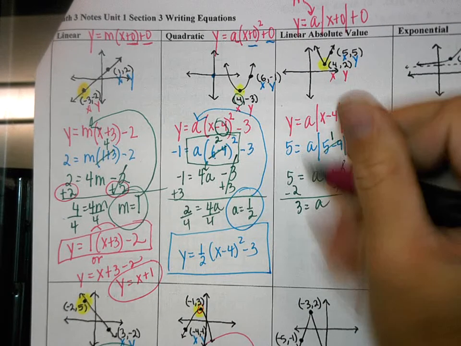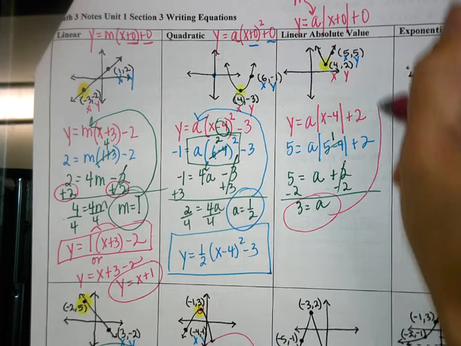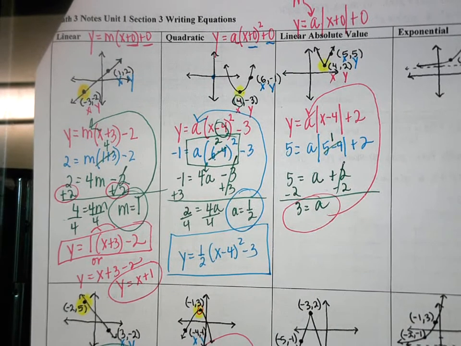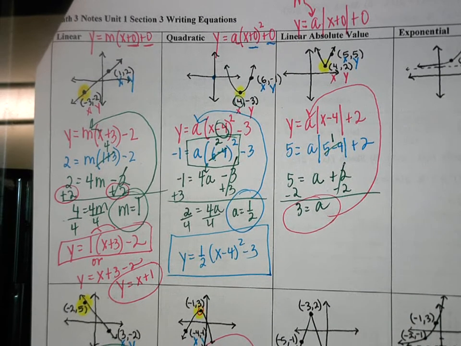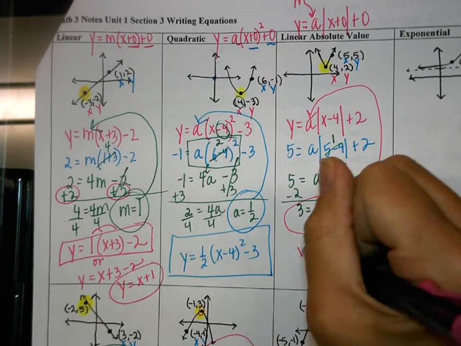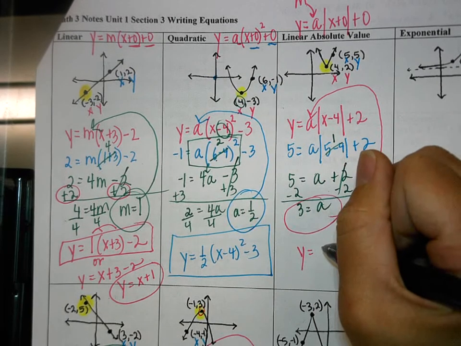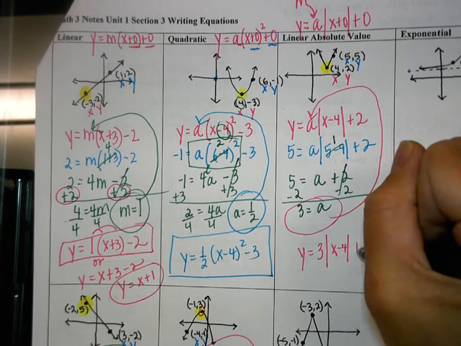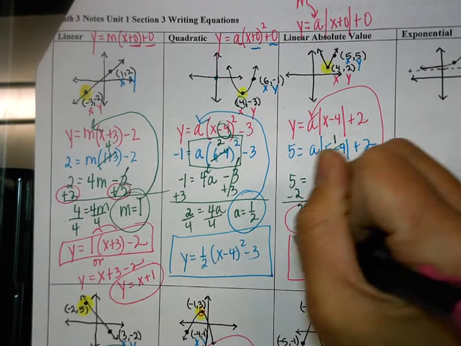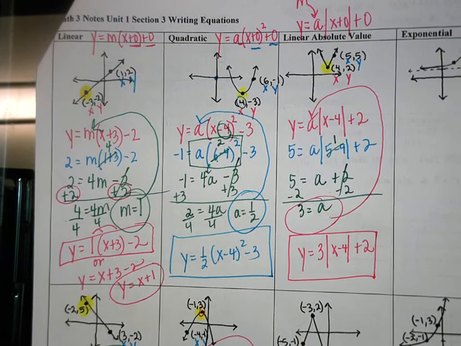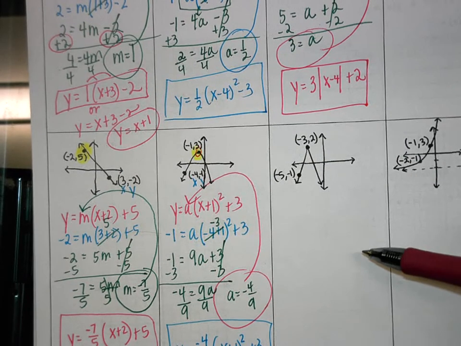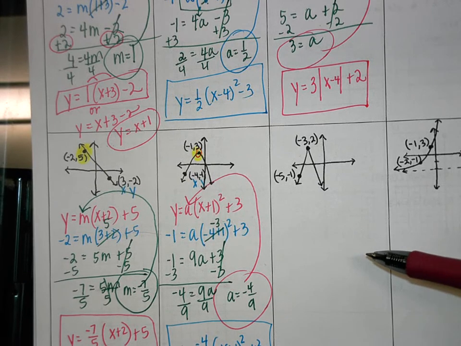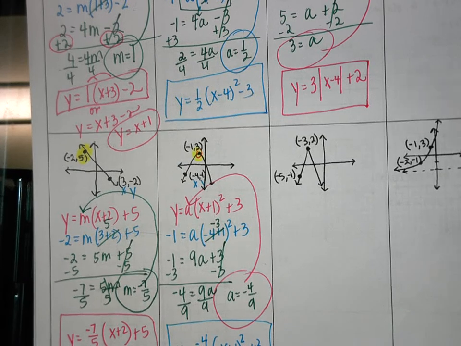Now that I have that information, I'll plug it back into my original equation. And so my equation is what? Perfect. y equals 3 absolute value of x minus 4 plus 2. Do we have questions? Do you guys feel like we need this other example? No? Is everybody okay? All right, let's move to the exponential one.